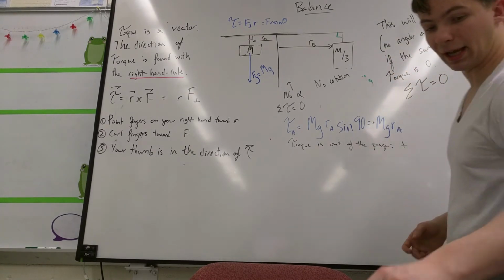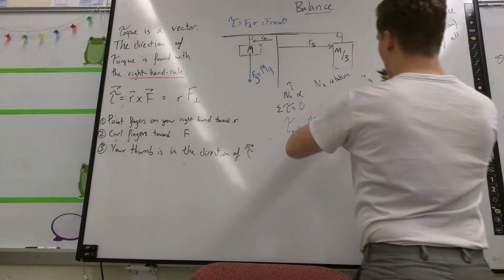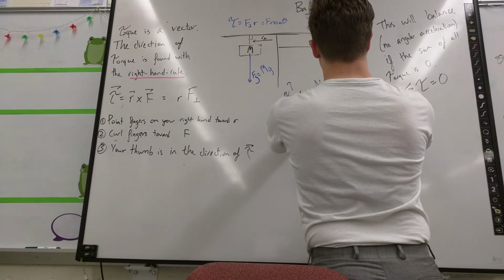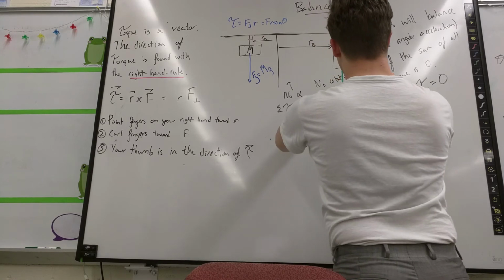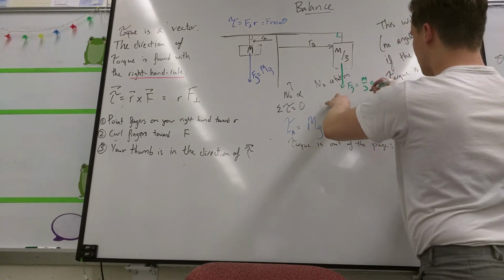The next force acting on this system is from this mass. Fg is the mass, which is m over 3, times little g.